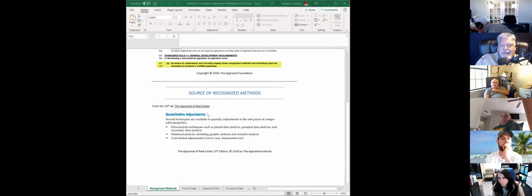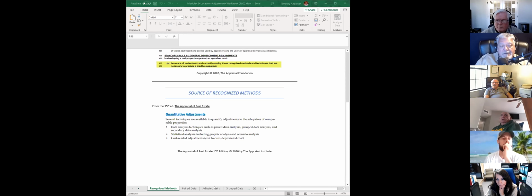The qualitative adjustment is, Lauro says that pool is nothing special, so I'm going to adjust it at 8,500. And I say, well, I know a little bit about pools, and that's a nice pool, so I'm going to adjust it at 10. That's the quality difference. That the pool merits an adjustment is obvious. The market says 8,500 to 10. Just where? Well, that's a judgment call, and that is a qualitative adjustment.